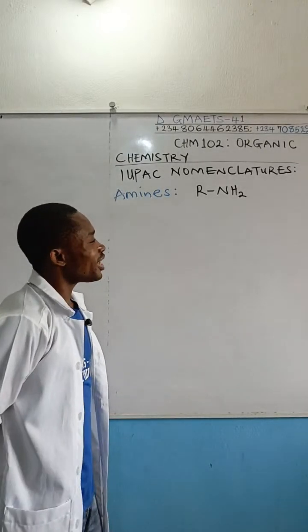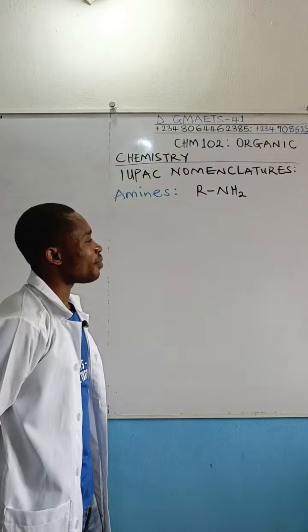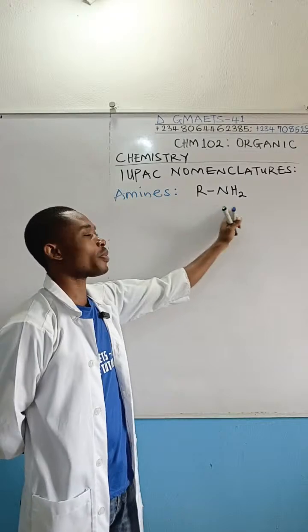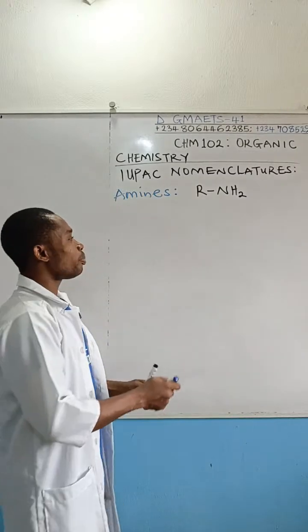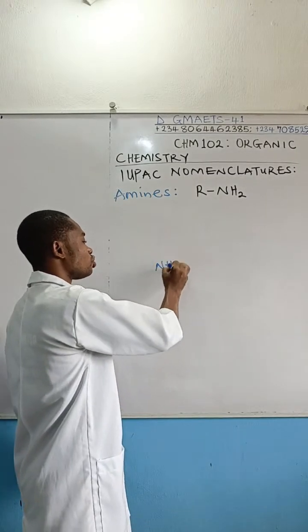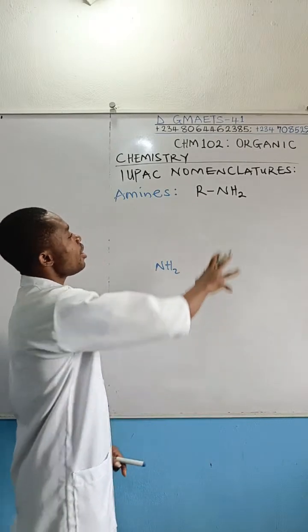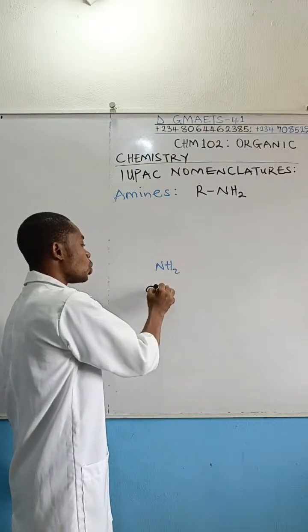But there's something that is important for you to know about this NH2. Although we call this functional group amine, depending on the positioning of this NH2, the name of this structure can also go with amino.